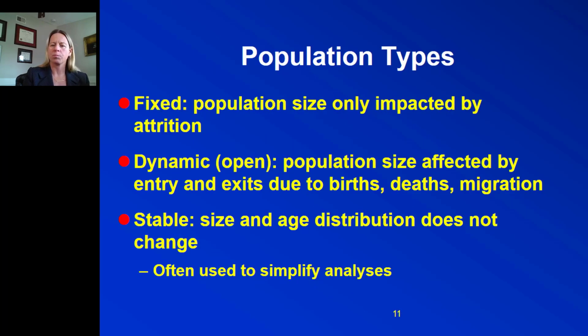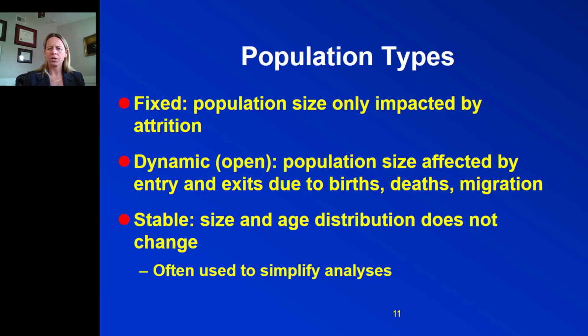But before doing that, it's important to discuss the different kinds of population that data could be coming from. The first would be a fixed population. This is a population where the size of the population doesn't change except for the case of attrition or death. So you have no new individuals coming into your population. It's a fixed population. That's in contrast to a dynamic or open population, which has migration of individuals coming in and out of the population due to births and deaths, as well as just simple movement.